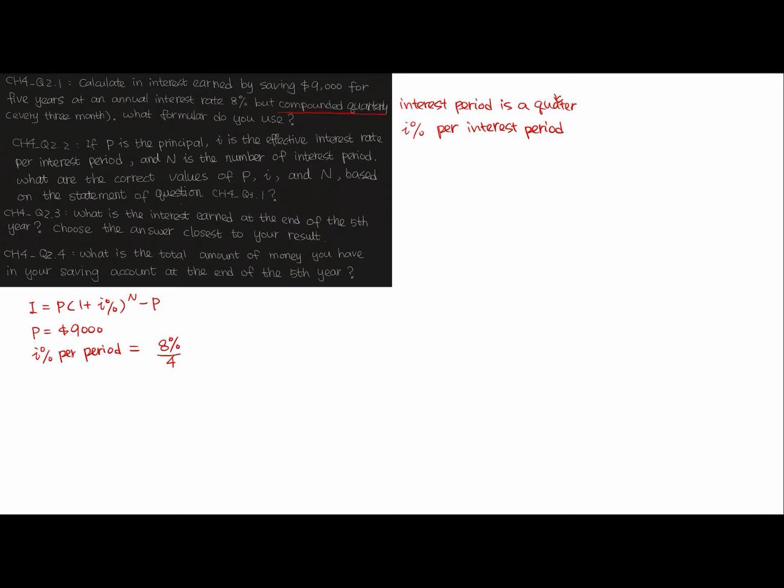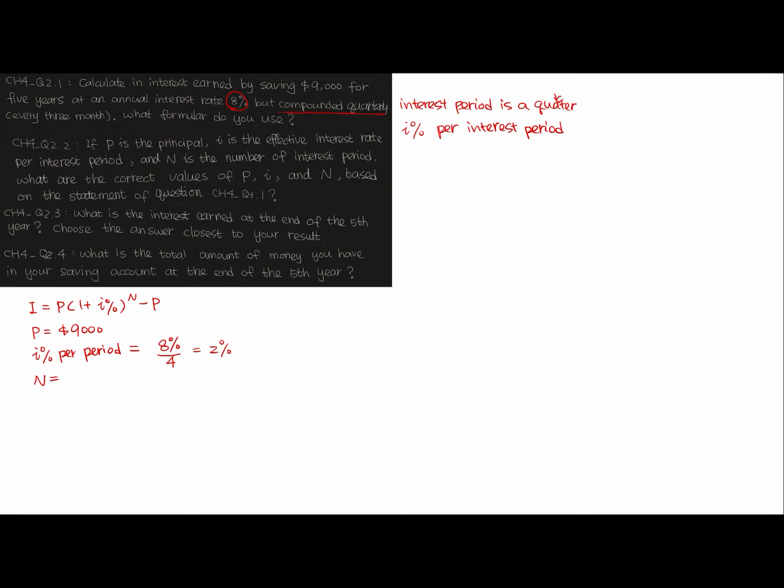Because 8% is an annual interest rate. It's an interest rate for a whole year. But because your interest period is a quarter, every quarter, how many percent do you get? 8% divided by 4, because in a year you have 4 quarters. That's how you get this new interest per period as 2%. And your N is the number of periods, not just the number of years, okay?